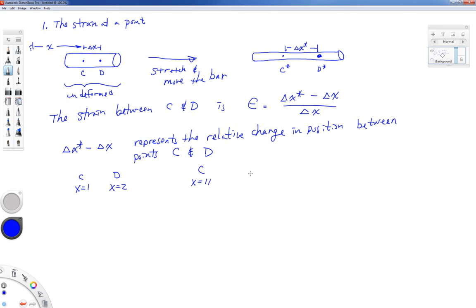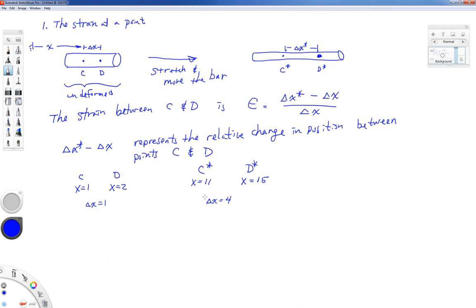And point D star is at X equal to, let's say, just another number, 15. So obviously our original delta X was equal to 1, and this delta X star is equal to 4.